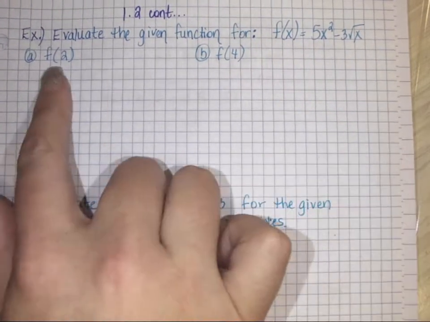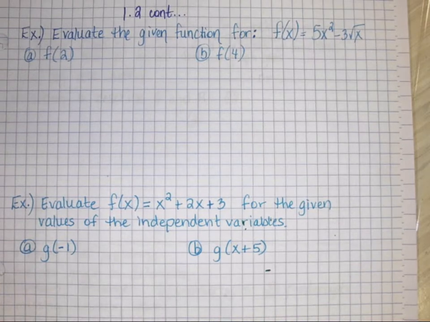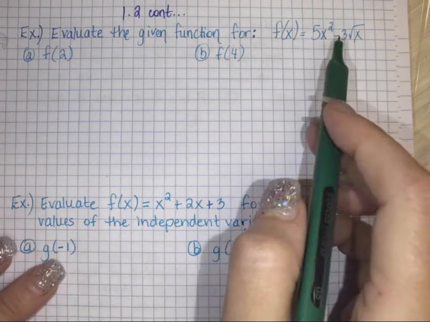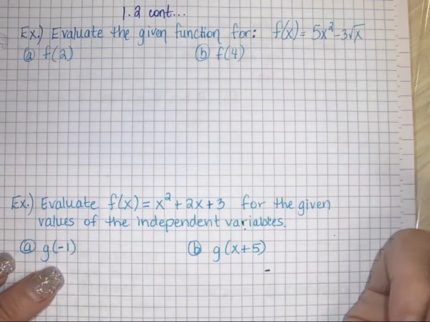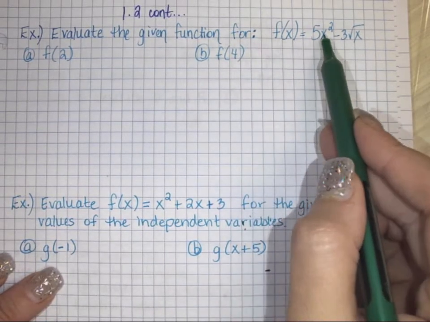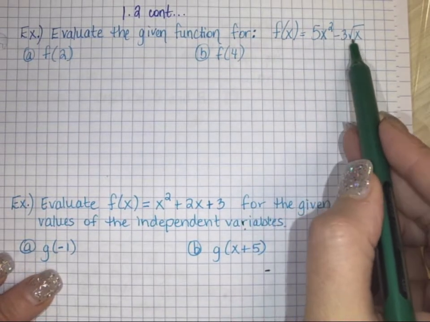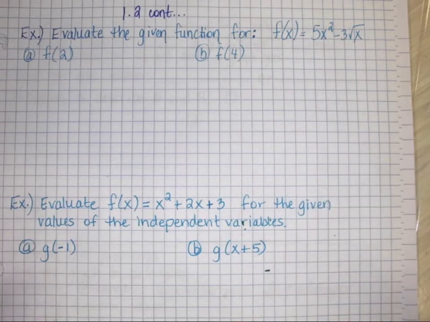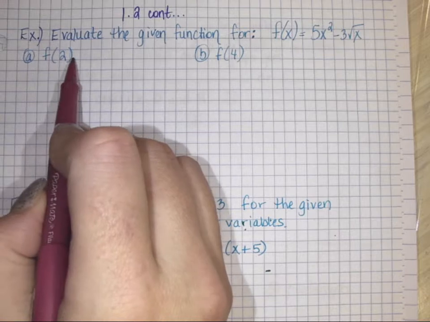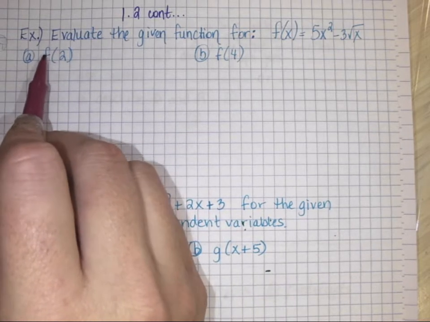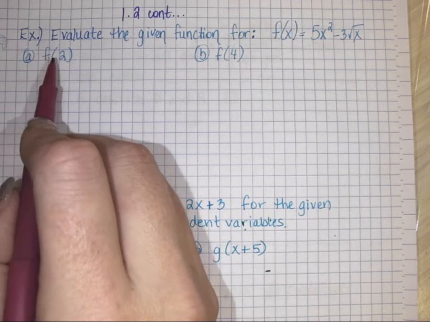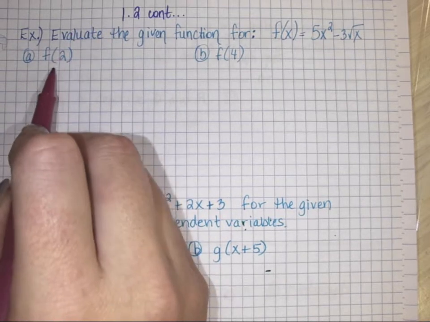This is from your PowerPoint slide, one of the last ones from 1.1, 1.2. It says evaluate the given function for f of x equals 5x squared minus 3 root x. Part A asks us to evaluate f of 2. So essentially, you're finding whatever the value of f is, or your y, for an x value of 2.